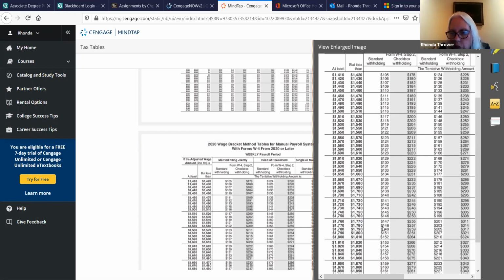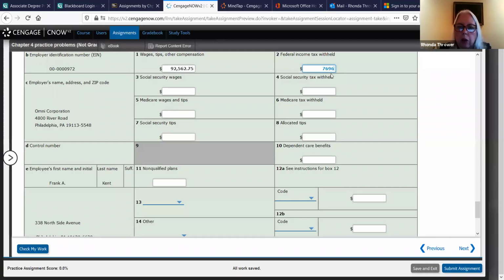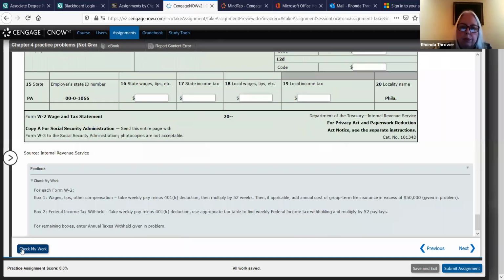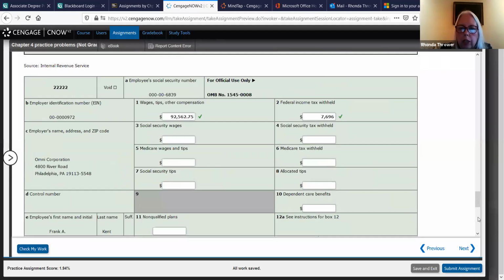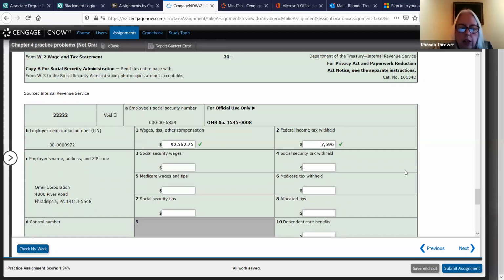For married filing jointly, we pick up $148 per week, multiply it by 52, and that's how you get this amount right here. I'm going to check my work just to make sure we don't have any other errors in this one. And we're correct here.